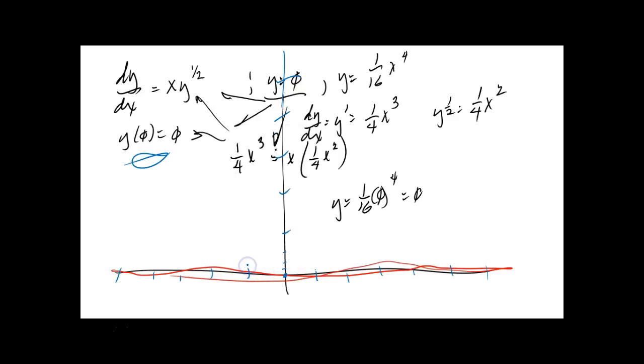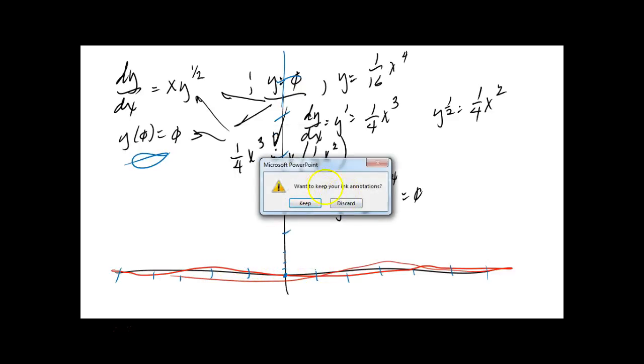Why is it doing that? This thing drives me nuts. I was trying to write on the screen. Let's see if an escape will work. Nope. I'm going to have to shut down PowerPoint and bring it back up.